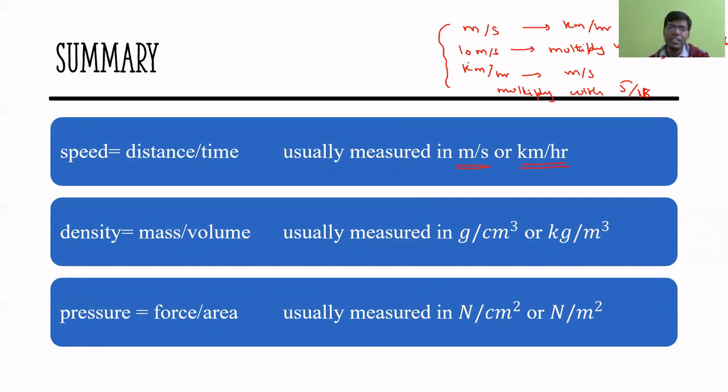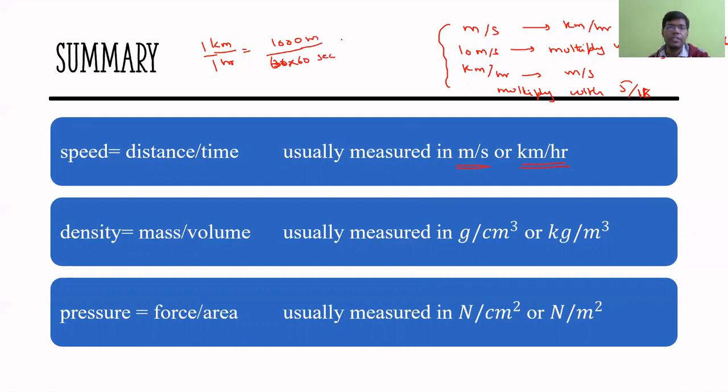How we are getting this 18 by 5 is, if you recall what we had discussed, suppose I have 1 kilometer by 1 hour. So it will be 1000 meters by 60 multiplied with 60 seconds.